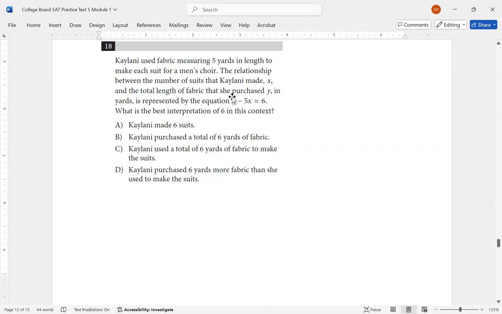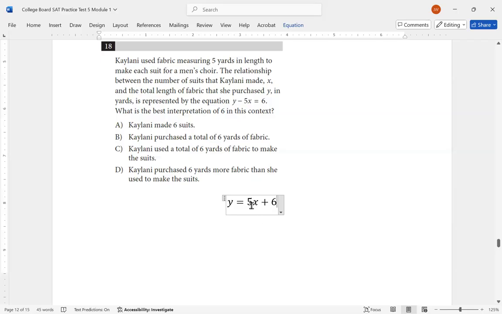So the total length of fabric that she purchased was Y. And maybe if you rewrite this equation, it might be a little bit more obvious. If I added 5X to both sides, I'd get Y equals 5X plus 6. She used 5 yards in length for each suit.